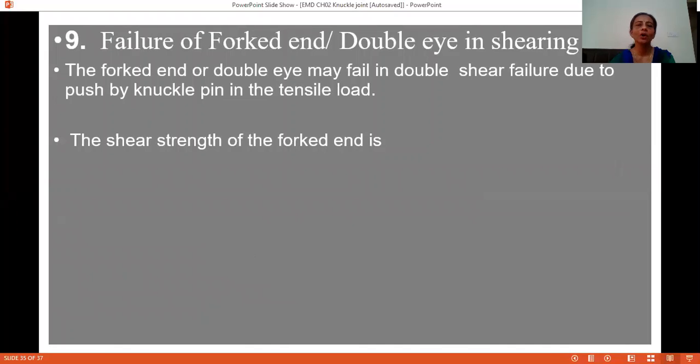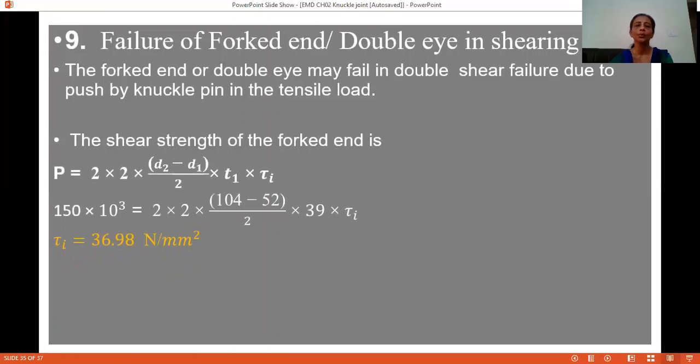Next, we have failure of forked end in double shear failure due to push by knuckle pin. End of the forked end eye will shear off, and there will be a double shear failure because two areas of failure are there, and there are two eyes also. So strength equation is P is equal to 2 into 2 into (d2 minus d1) by 2 into t1 into tau induced.